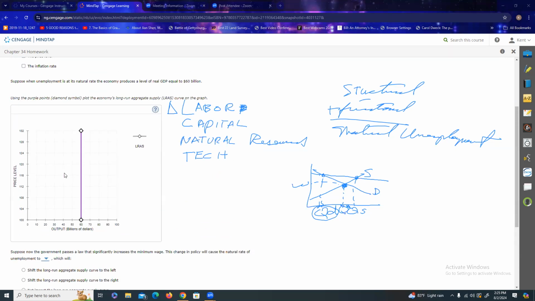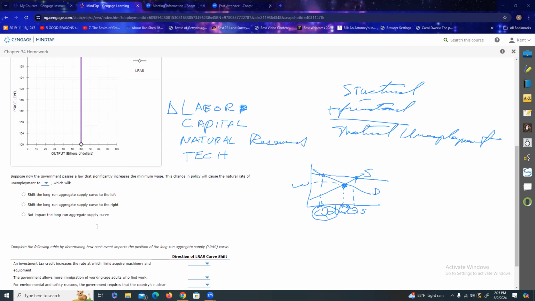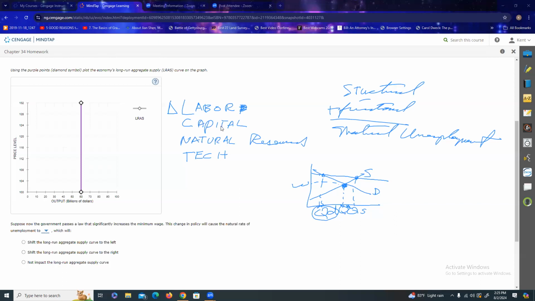We just saw one that shifted it to the left. An investment tax credit increases the rate at which firms acquire machinery and equipment. Well, we've got an increase of physical capital, so that's going to shift the long run aggregate supply curve to the right.